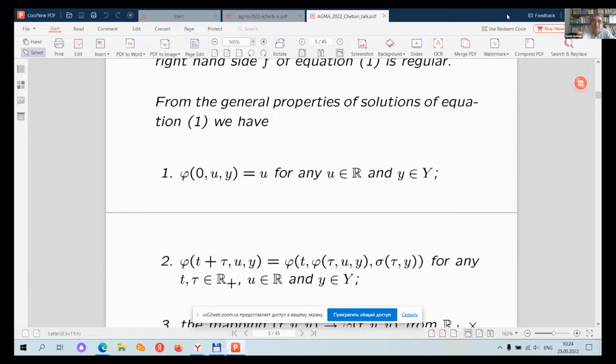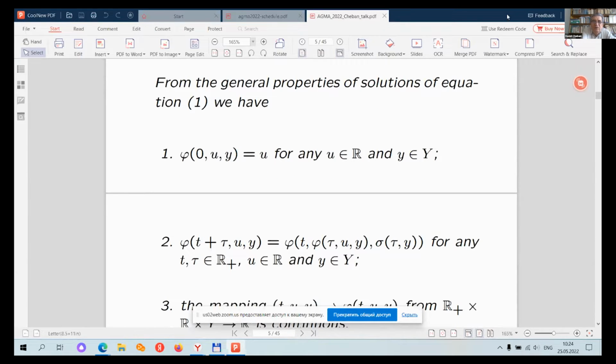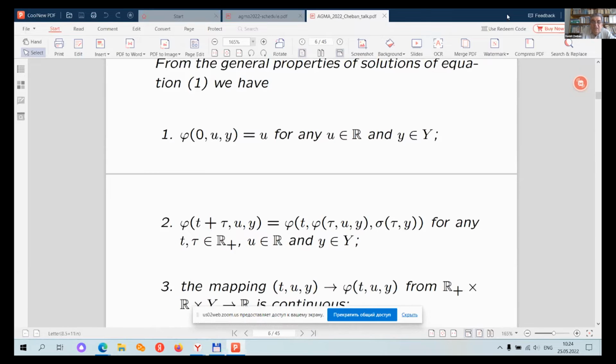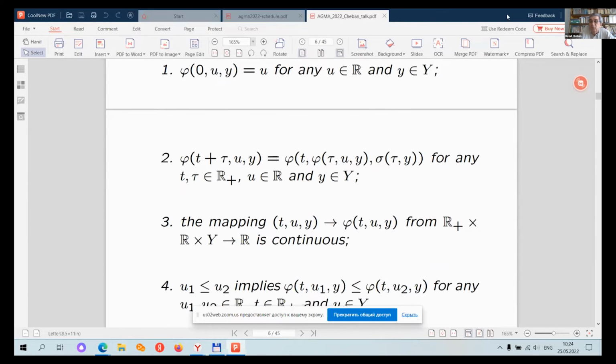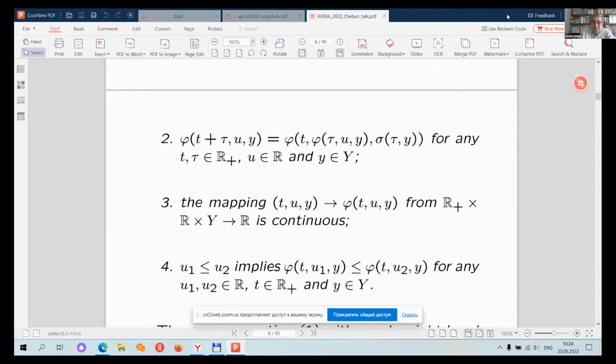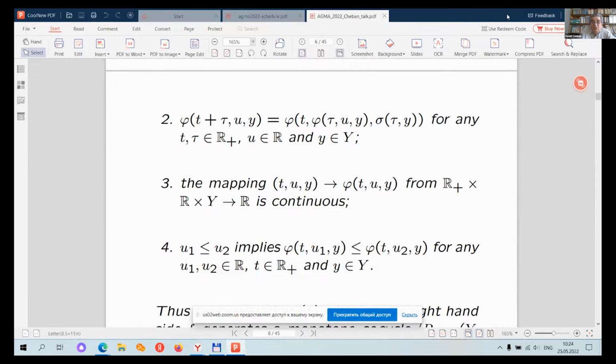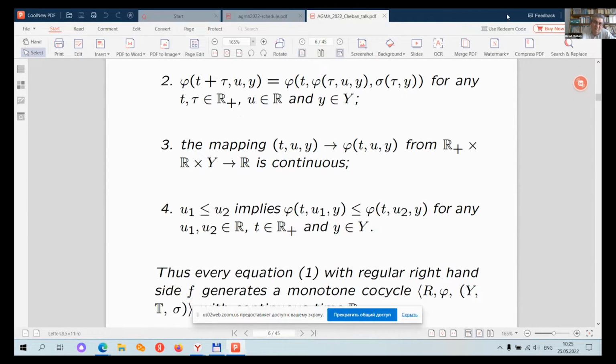First property, the initial condition: it means that phi at the initial moment t equal to 0 equals u. Second property is the semi-group property. Third property is continuity of the mapping phi. It means that the problem is correct.